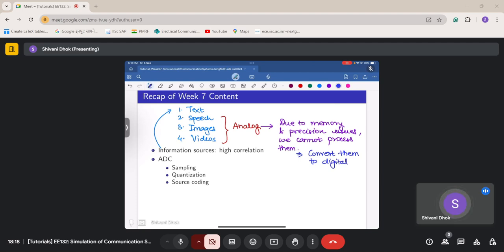And what does digital mean? Digital means two things. It should be discrete in time and discrete in amplitude.